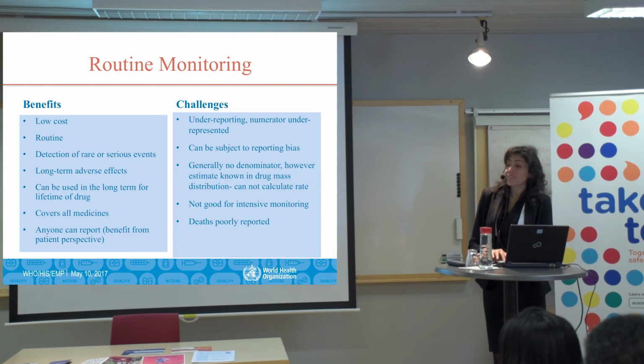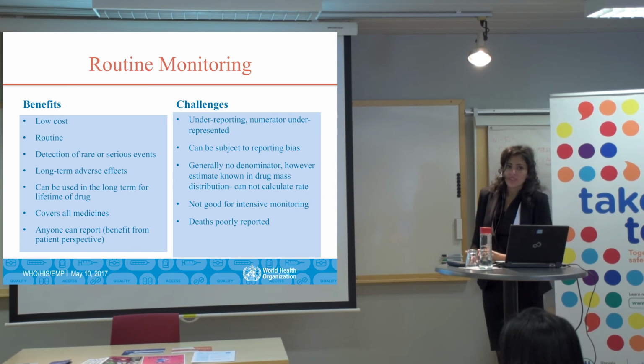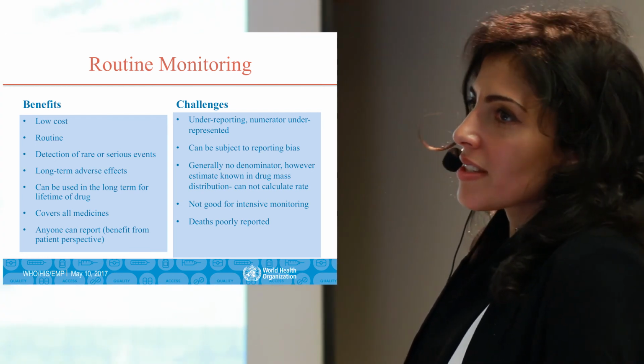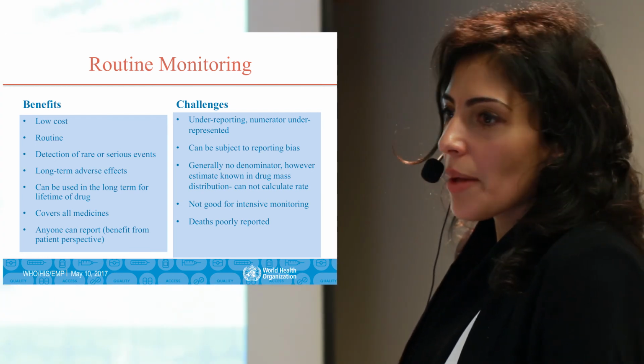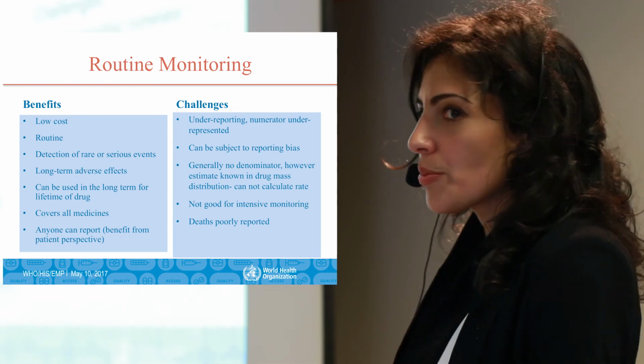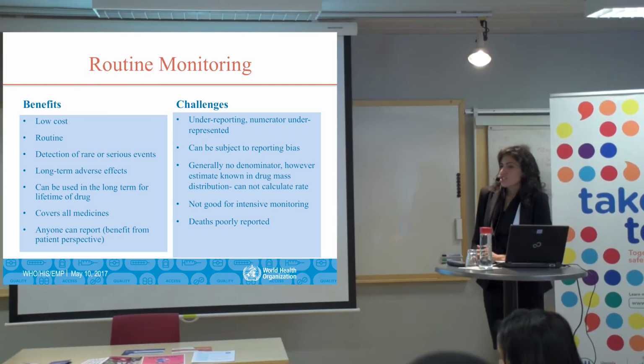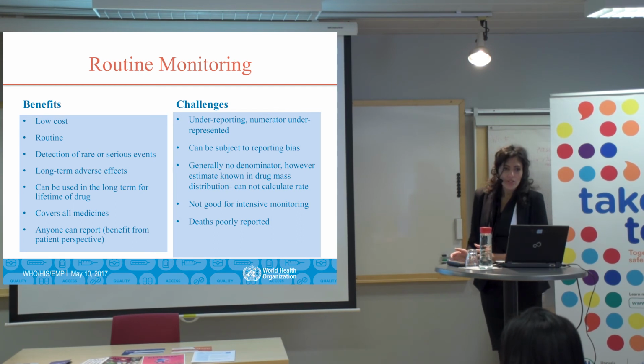Okay, so let's see what I've got here. You have the under-reporting, so the actual number of adverse drug reactions may not be completely representative. It can be subject to bias. For example, something happening in the media, and then everyone's all of a sudden reporting. There's generally no denominator because you don't know the usage of the drug.